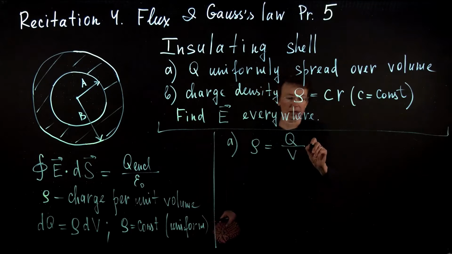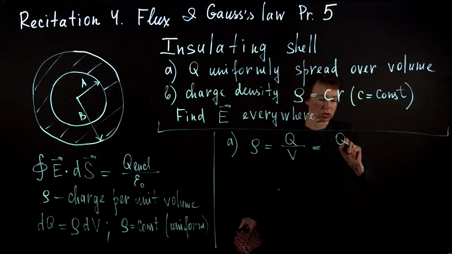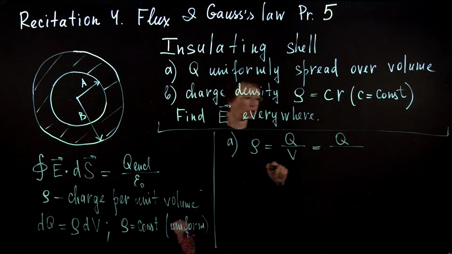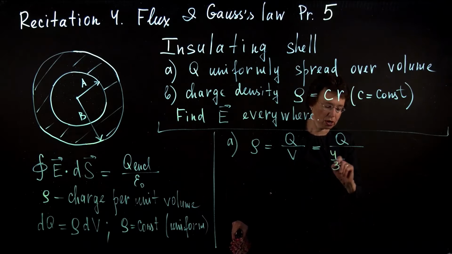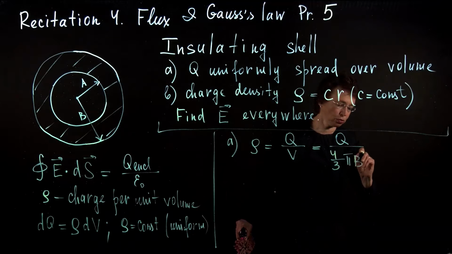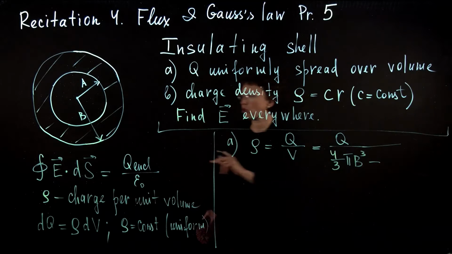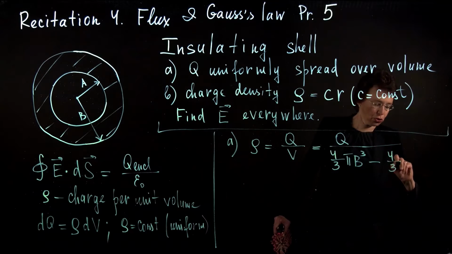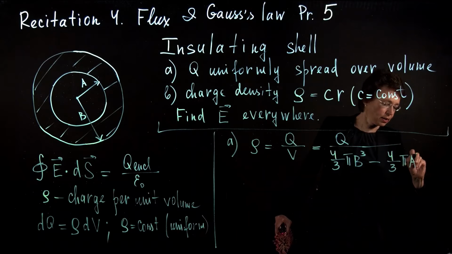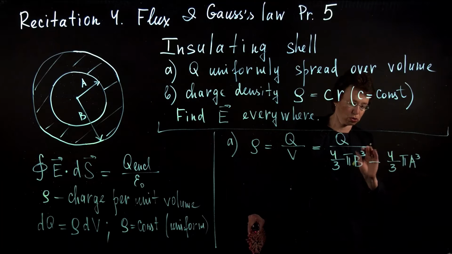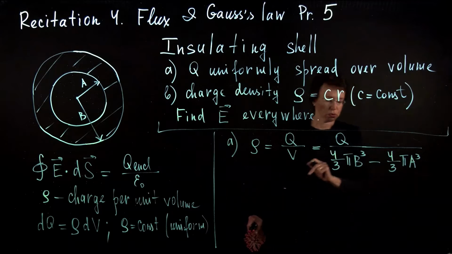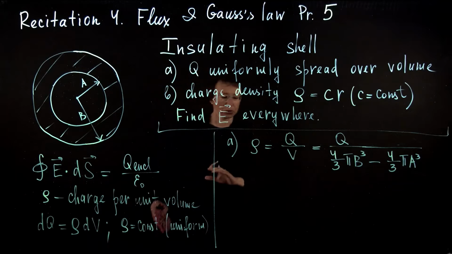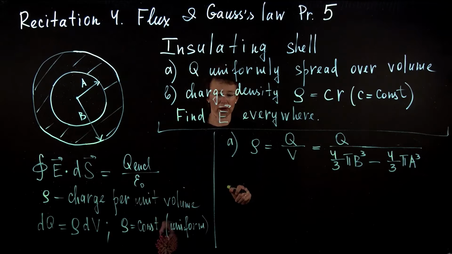For part A, rho will be charge divided by the volume of this spherical shell, which is 4/3 pi b cubed, and I need to subtract this hole, which has volume 4/3 pi a cubed. So we know the charge per unit volume, this is rho, and now I'm ready to apply Gauss's law to find the electric field everywhere for part A.